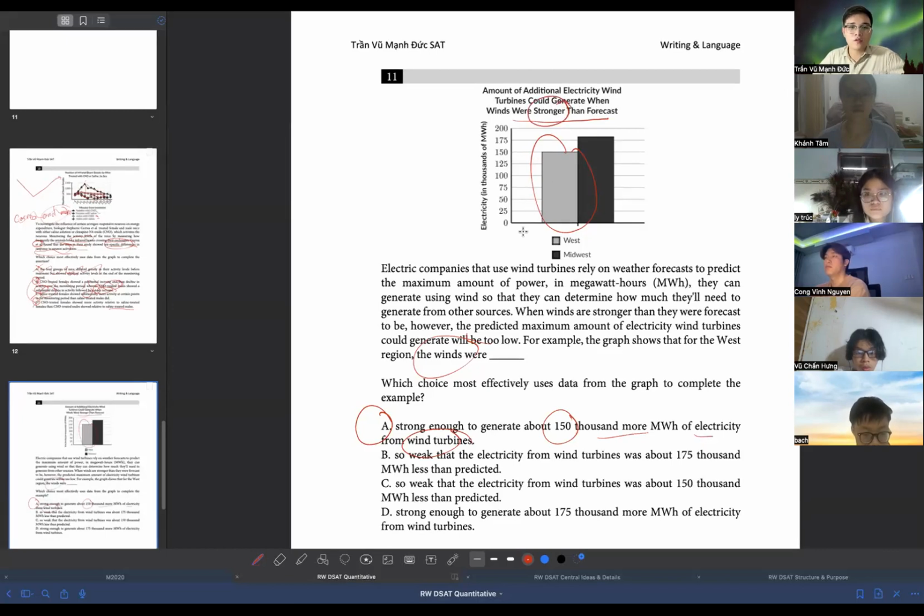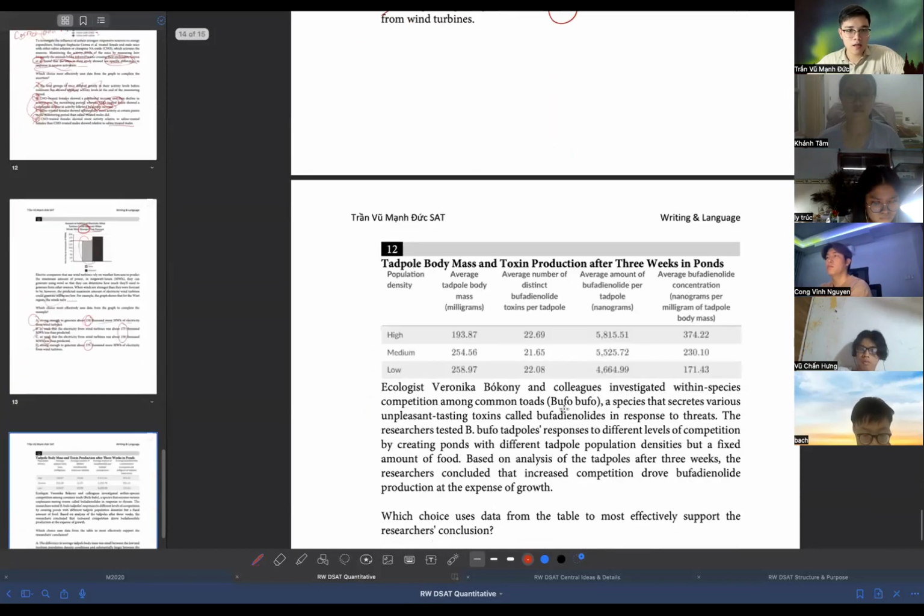Oh, this is comparing the stronger. So 150 here, 175, 50, 50. So cross out B and D. C, 150, is less wrong because this is looking for stronger than forecast, not weaker than forecast. So it's A, very good.